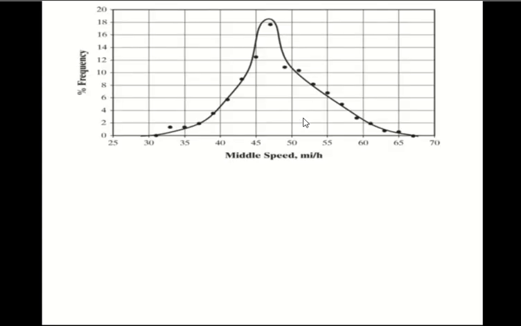Okay, based upon the values in the table, we plot these two graphs. This one is called the percentage frequency distribution graph. On the y-axis is percentage frequency, on the x-axis middle speed.